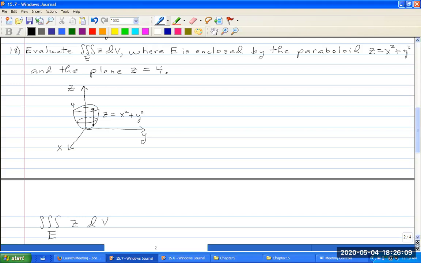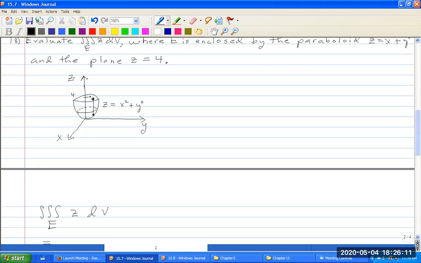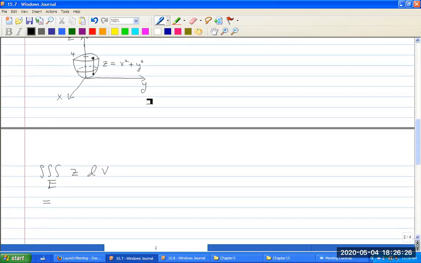So we're going to be integrating from z equals 4, which is up here, to z equals x squared plus y squared, which is down here. But of course, x squared plus y squared is r squared, so I'll note that.